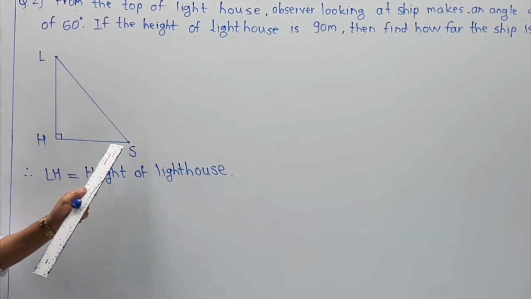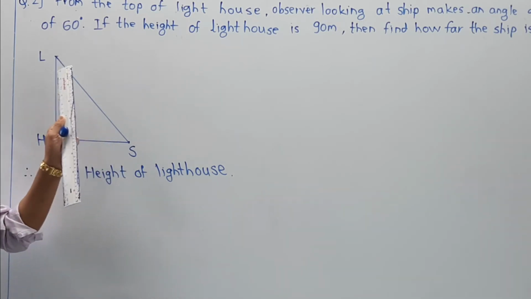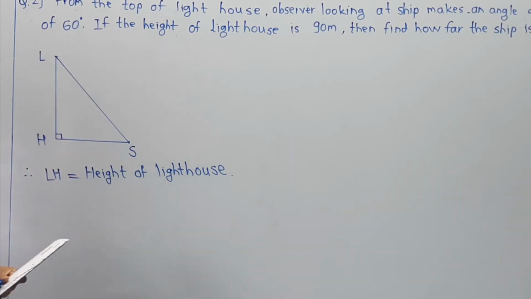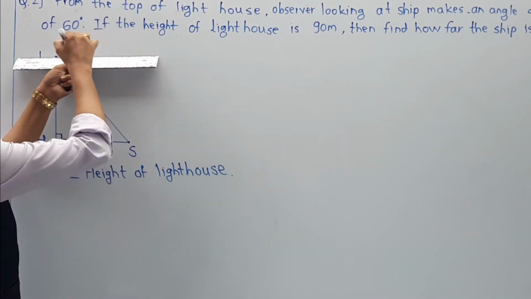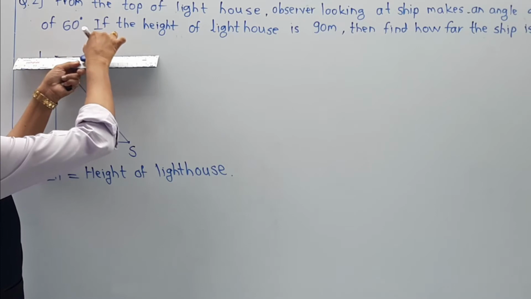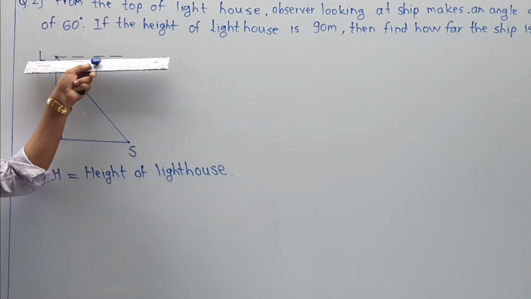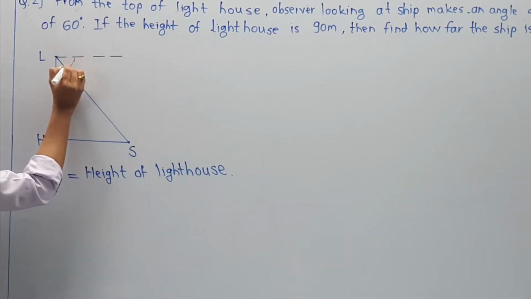Now remember, the angle of inclination you always draw from the bottom, but the angle of depression you always draw from the top, and it also makes an angle with the horizontal direction only. Means I have to draw a horizontal line in axis form. Let us say I have drawn one line parallel to HS over here, and your angle of depression is over here.